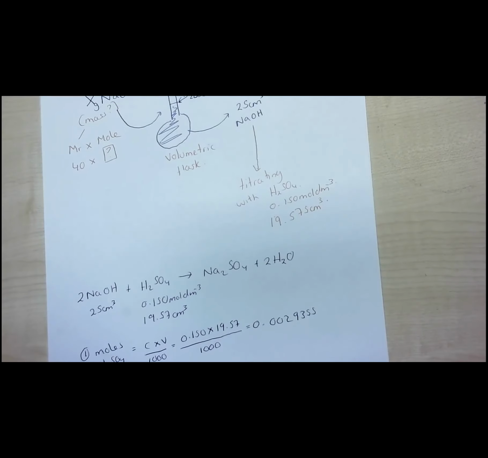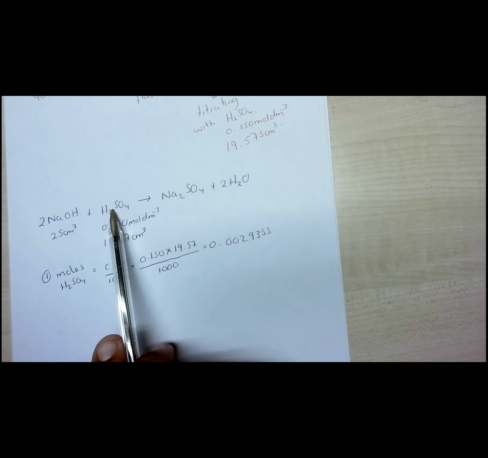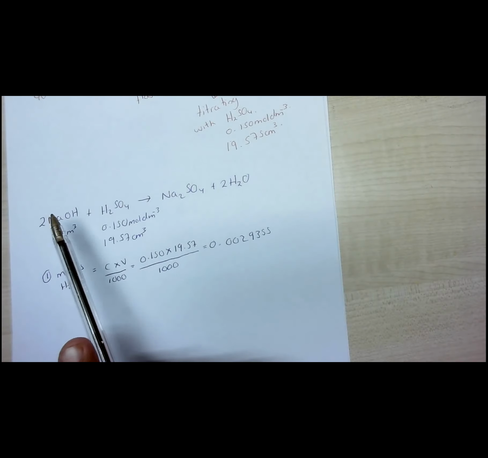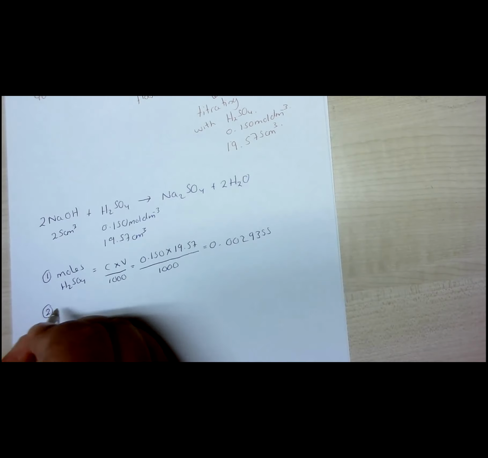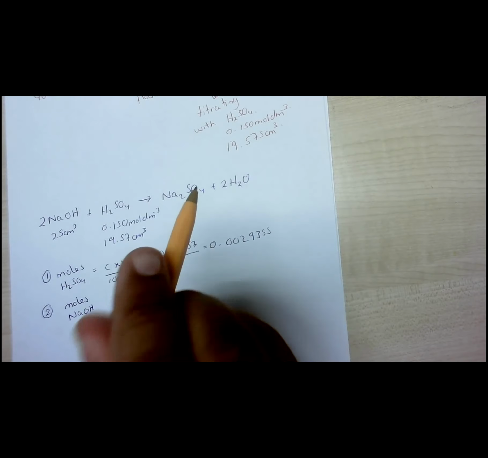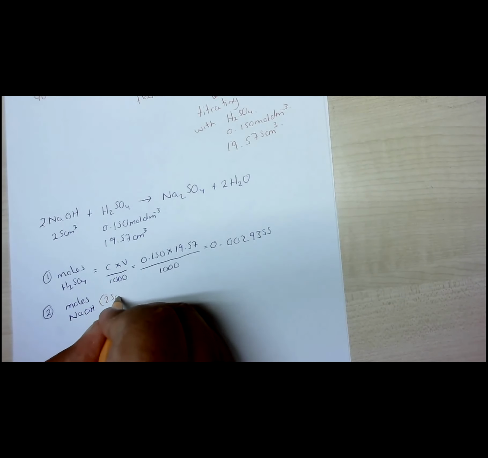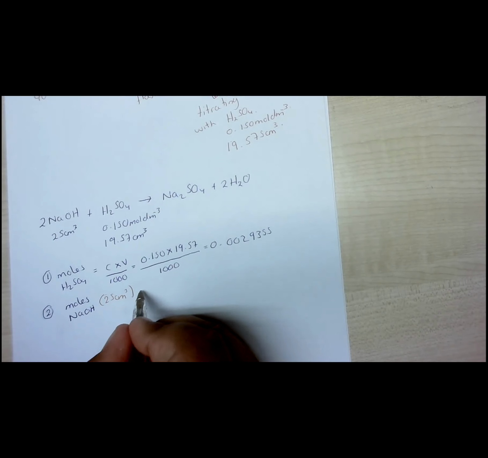So what's the best thing to do? Let's come back to the equation here. What we can do is use the molar ratio. We've got the moles of that, and the molar ratio is 1 to 2. So if we take that value and multiply it by 2, we can get the moles of sodium hydroxide. But remember, that's in 25 centimeters cubed, which is very important, because that's how much volume we have.